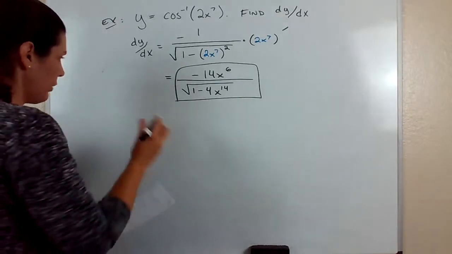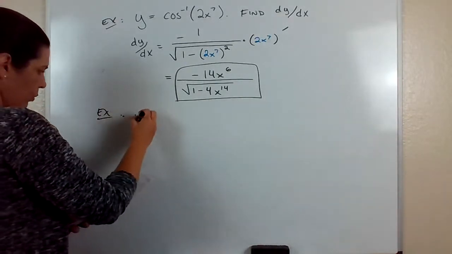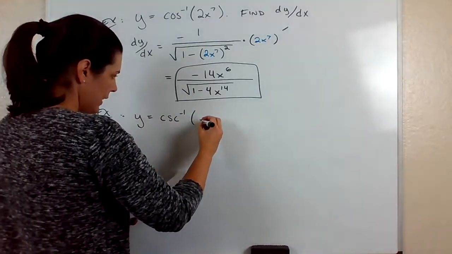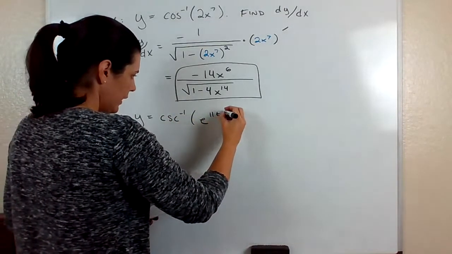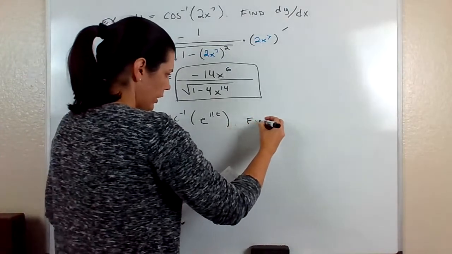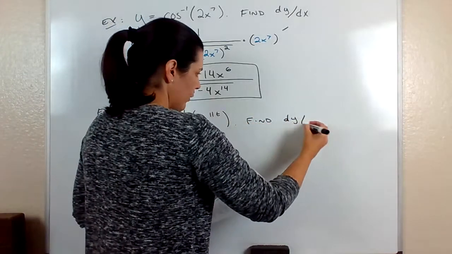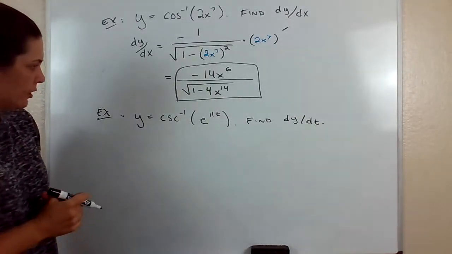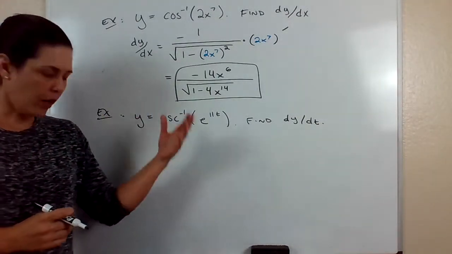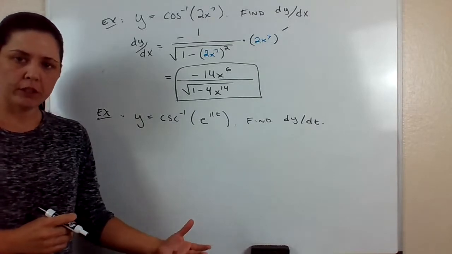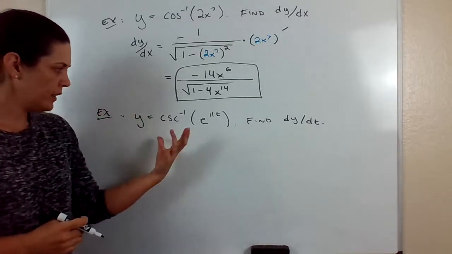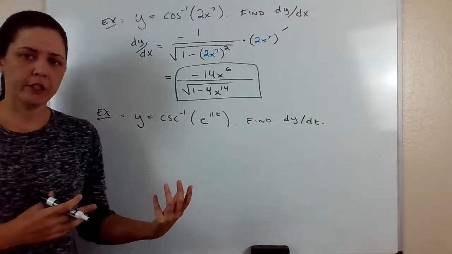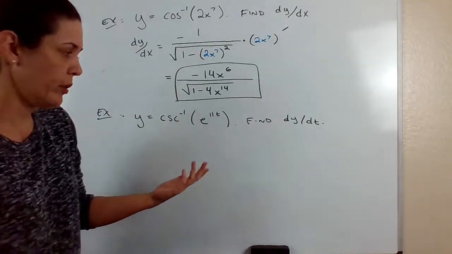Okay, let's see. We're going to do y equals cosecant inverse of e to the 11t power, and we're finding the derivative of y with respect to t. So we go to our derivatives of inverse trig functions and look for cosecant inverse. Eventually you'll probably start to remember them, but for now, just reference what we wrote down.